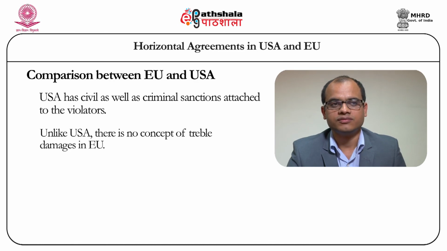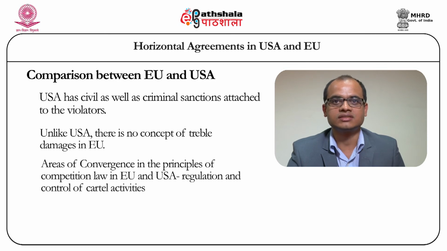If one looks at recent enforcement actions in the EU and US, one can see convergence coming in this area, more in the form of information sharing and joint efforts to detect cartels.